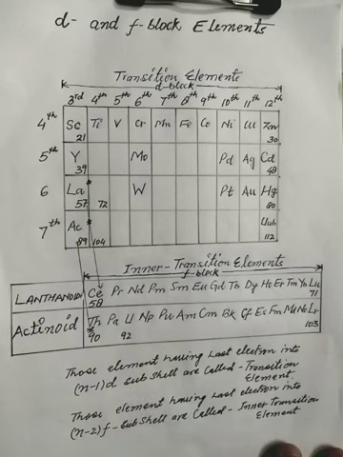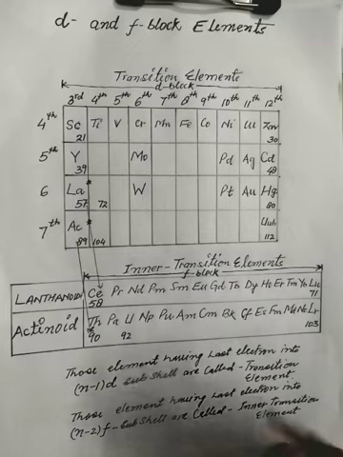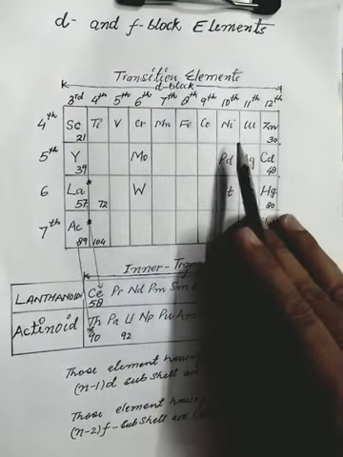The last shell is called the valence shell, and the second last shell is called the penultimate shell. The valence shell is incomplete, and the penultimate shell is also incomplete. Elements with the last two shells incomplete are called transition elements.